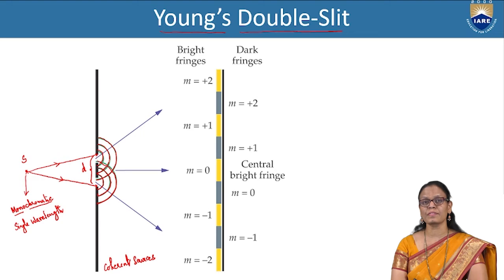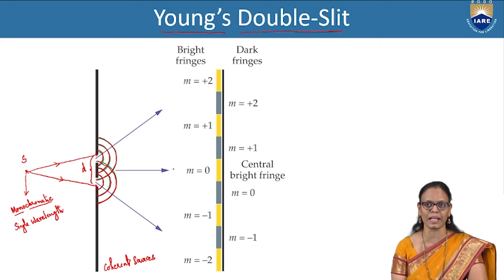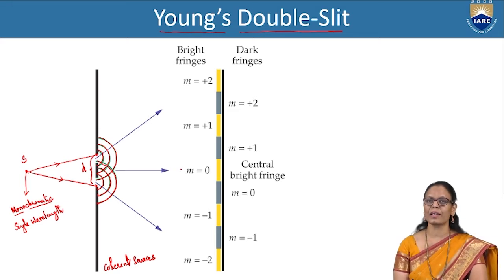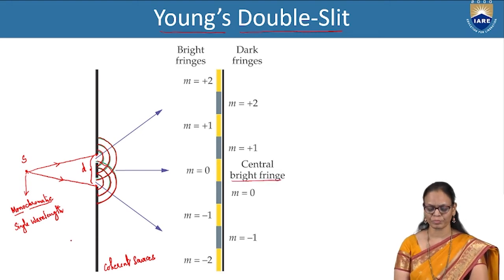Now these waves coming from these two slits, when they superimpose on each other, depending upon how they arrive, if they travel the same distance, meaning if the path traveled by these waves is the same, then they arrive in phase. All those points will correspond to constructive interference, which gives rise to a bright fringe.